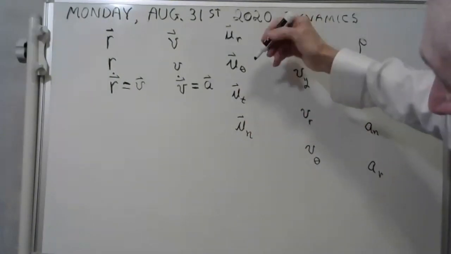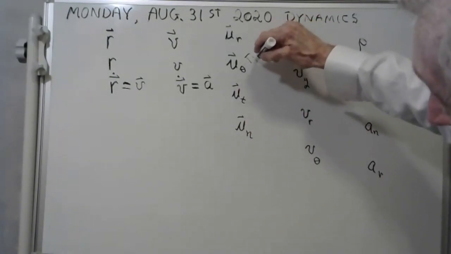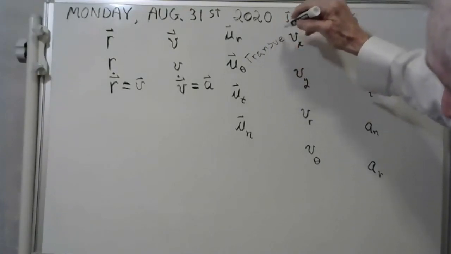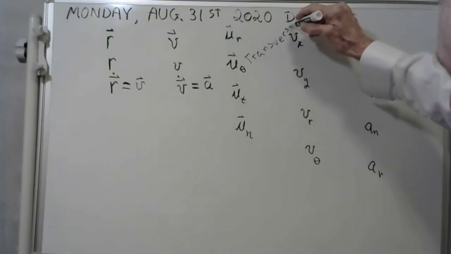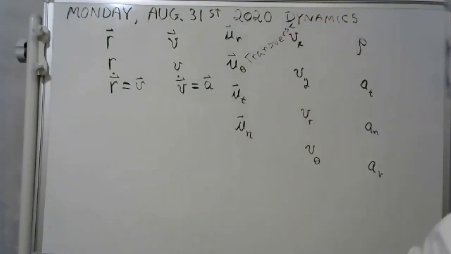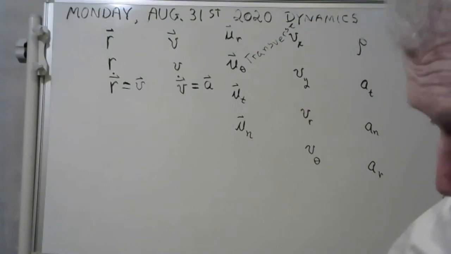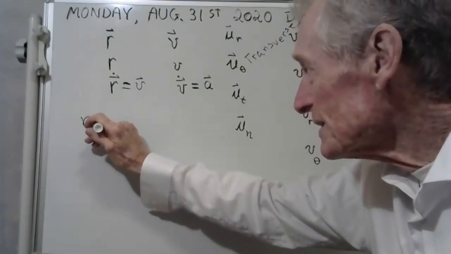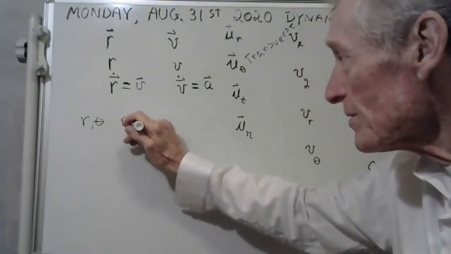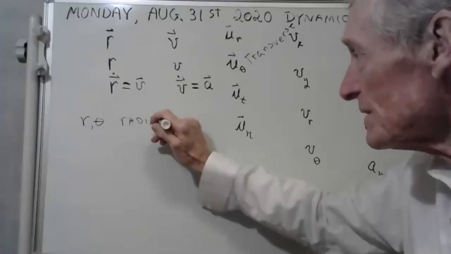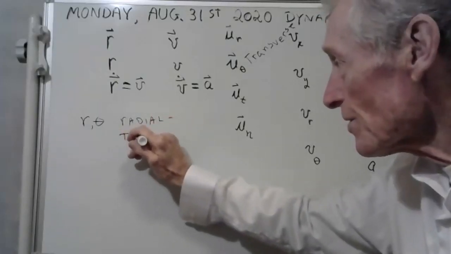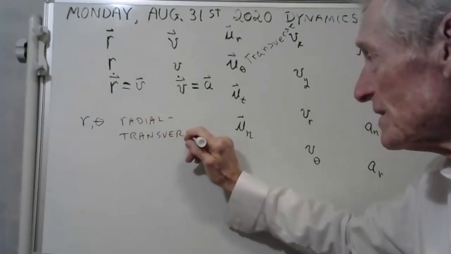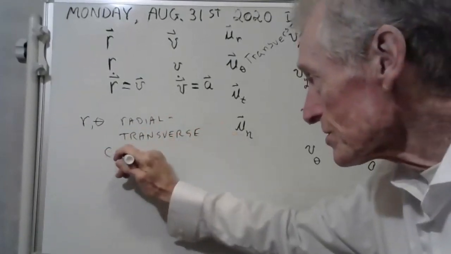Yeah, no, they have a fancy name for it. They call it the transverse. Whoops, I'm running out of room here. They call it the transverse. See, r theta is called the radial transverse coordinate system.